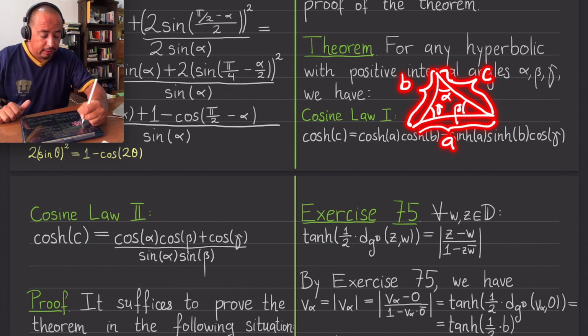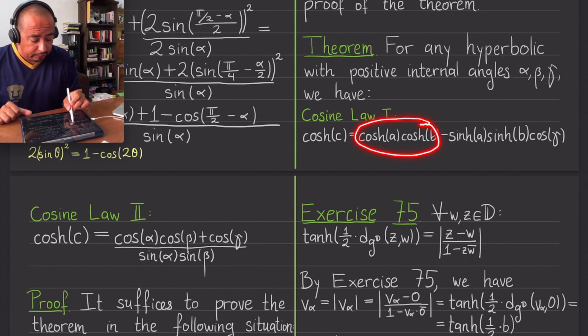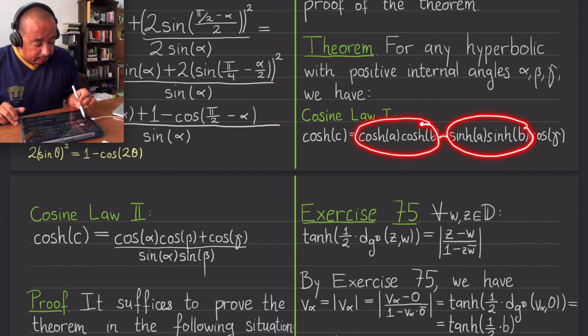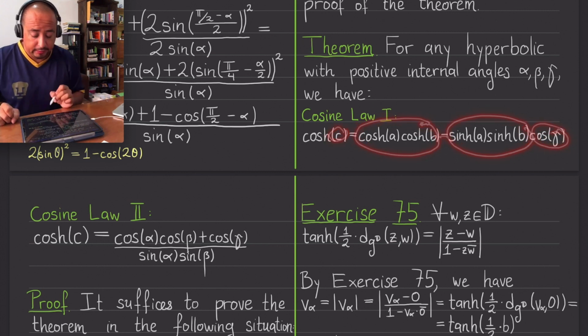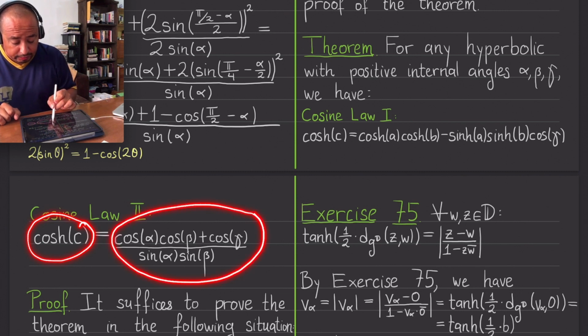So that's the notation, and the hyperbolic cosine is equal to the product of hyperbolic cosines of the remaining two sides minus the product of hyperbolic sines of the remaining two sides, multiplied by the cosine of the opposite angle. That's the first cosine law. Second cosine law: hyperbolic cosine of C is written in terms of the 3 internal angles this way.